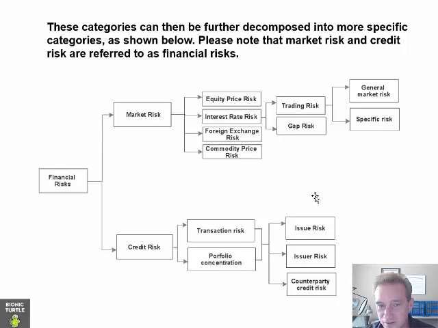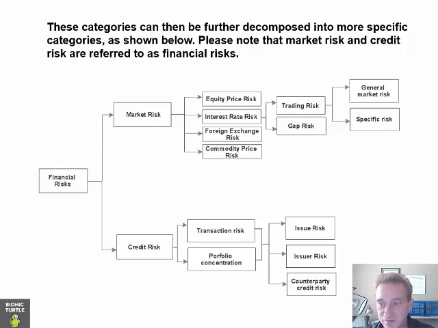Here's the diagram. I redrew this from the appendix, where the authors parsed financial risk into market and credit risk. So that's two of those top level risks that we just looked at. And then notice we've got further parsing here. This follows the Basel, market risk into 4 components, the interest rate further into trading and gap, and that trading risk into general versus specific.